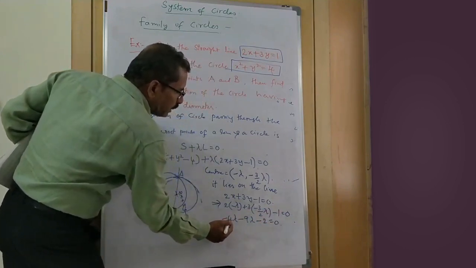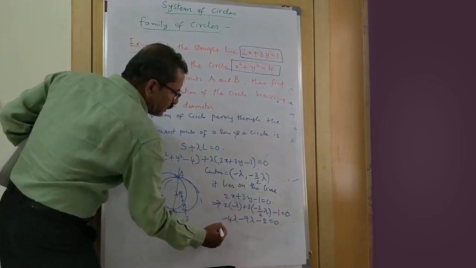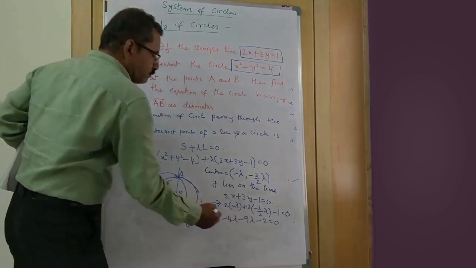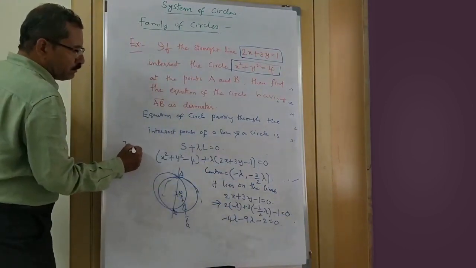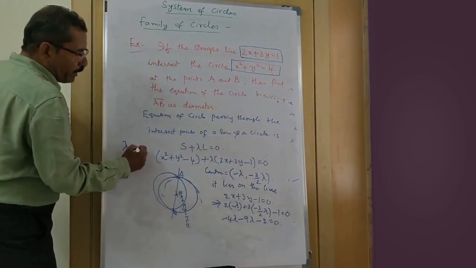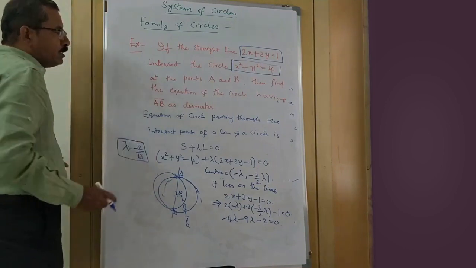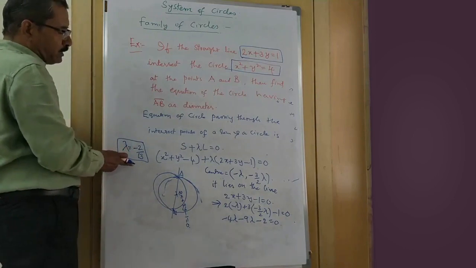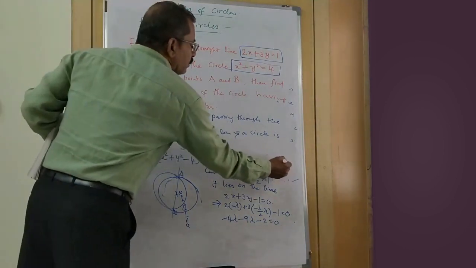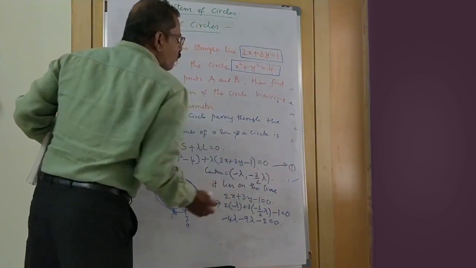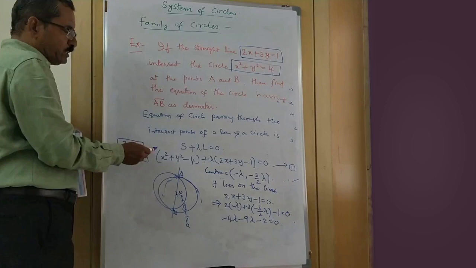That gives us, it goes to that side, 13 lambda, so lambda is equal to minus 2 by 13. Okay. You substitute this lambda is equal to minus 2 by 13 in equation 1, you get the required circle equation.